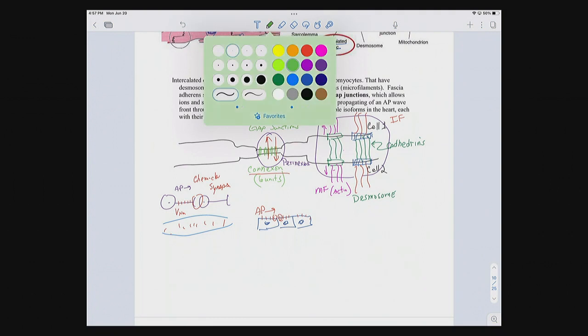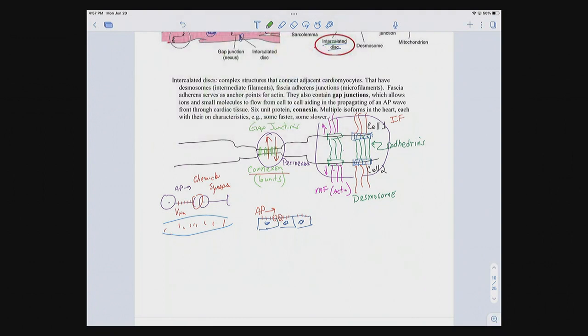And so what you have here, these little gap junctions, are typically associated with the intercalated disc. Now, they don't all have to be associated with the intercalated disc, but a lot of them are.